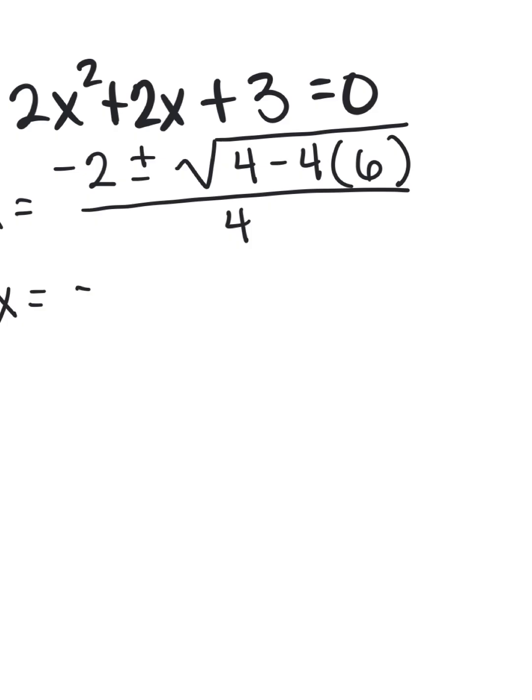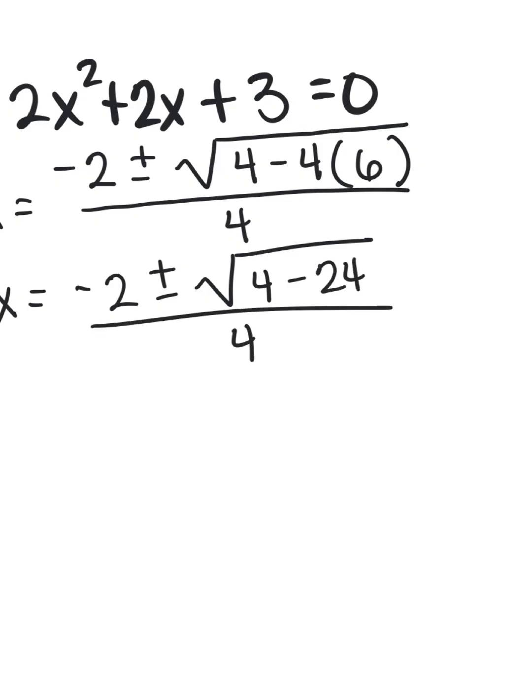So from there, we have -2 plus minus. So I've got 4 minus 24. So under my radical, I end up with the square root of -20.